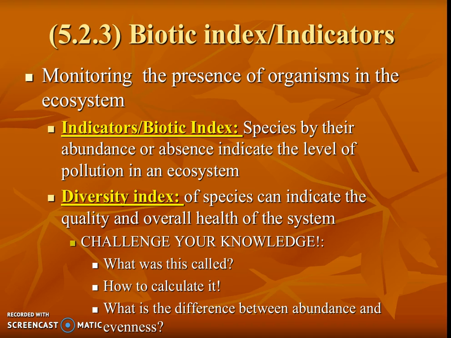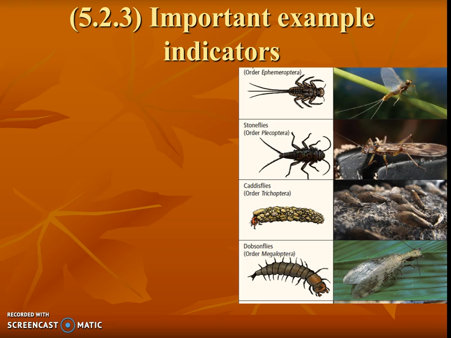But we do need to understand the overall difference between abundance and evenness. For a healthy, stable system, we want a lot of evenness because we want a lot of different types of species. So to help us, we're going to go through some examples of some indicators that would show the presence or absence of a pollutant.